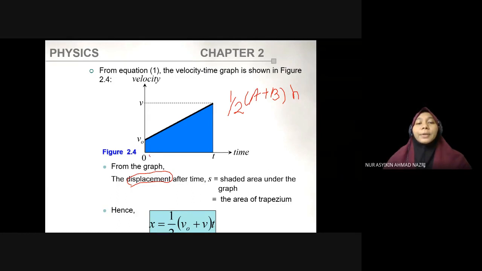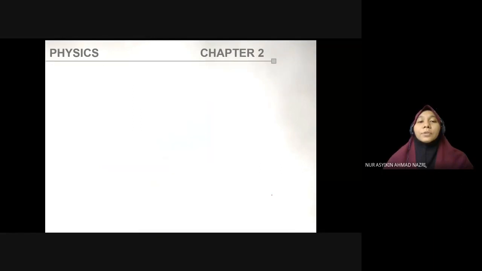The height here is your time. This one is your final velocity V, and this one is your initial velocity V naught. So we derive a new expression: x equals half (V naught plus V) times T. That is our second expression for linear motion.